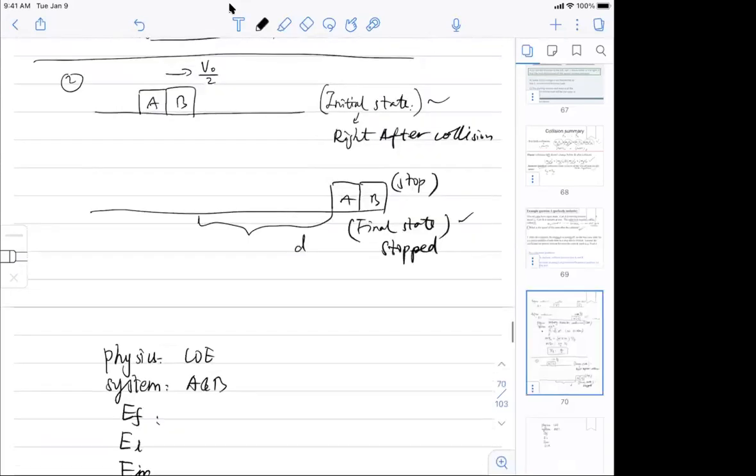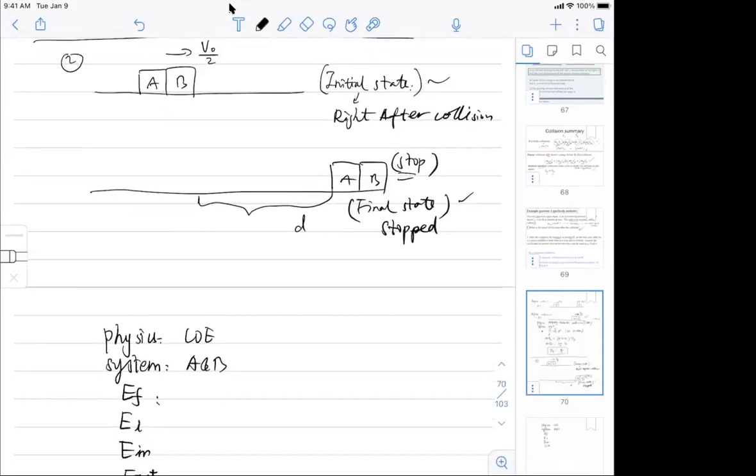What is the final energy of the system when they stop right here? There's no kinetic energy, so I'm just going to say 0. We don't have to think about potential energy because they're not going up or down. So I'm going to say 0 for energy final. What is the initial energy when they're at the initial state right here? What is the energy here?